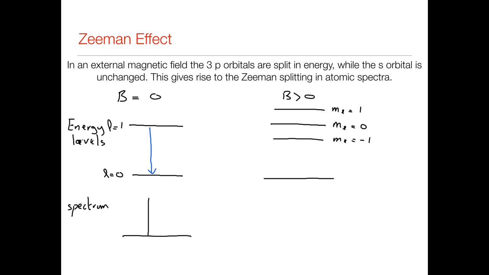So what will that do for the spectrum? Well, I can now get three different transitions. I can get this one down to here, this level down to here, and this level down to here. So what we would find in our spectrum is one line at the same frequency, but one line to one side and one line to the other side. We get three lines.